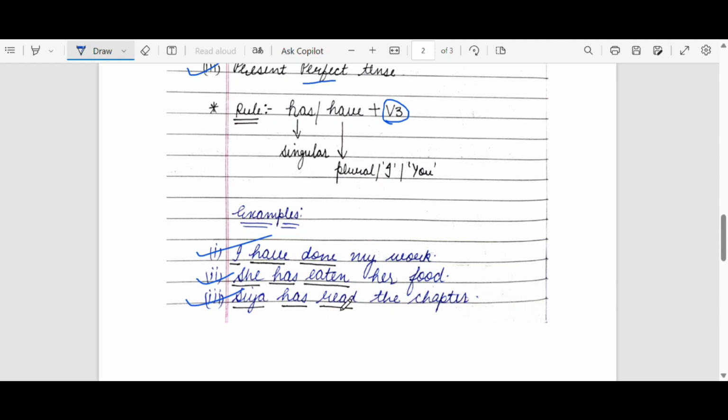I had already discussed the forms of read in the previous video, that read does not change its forms in spelling. It changes its forms in pronunciation. Read, read, read. Read is V1, read is V2 and read is V3. Sia has read the chapter.